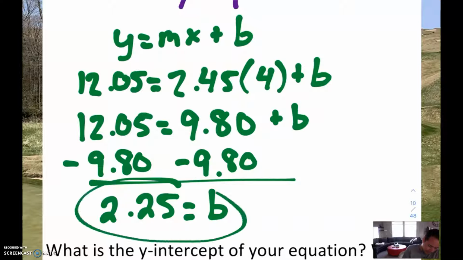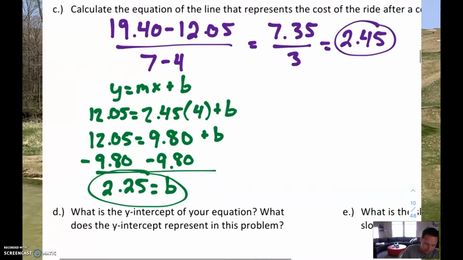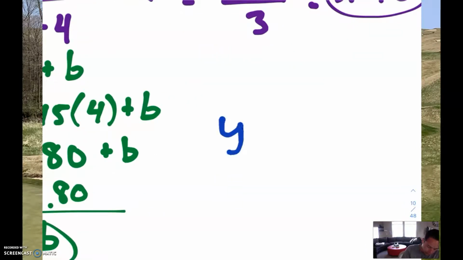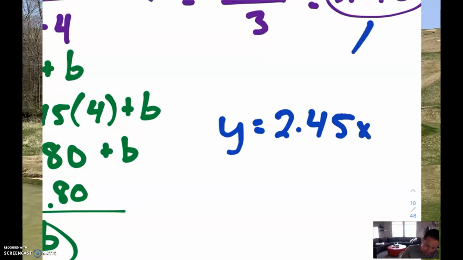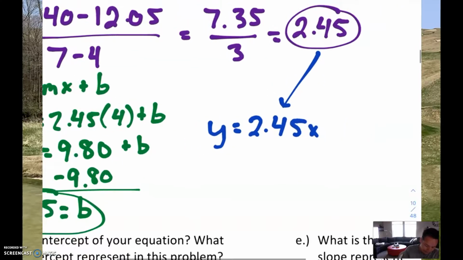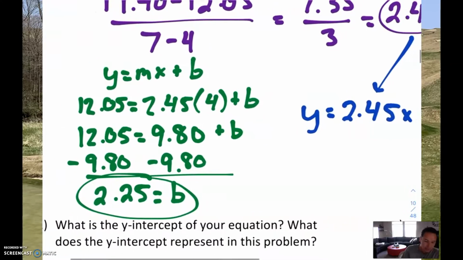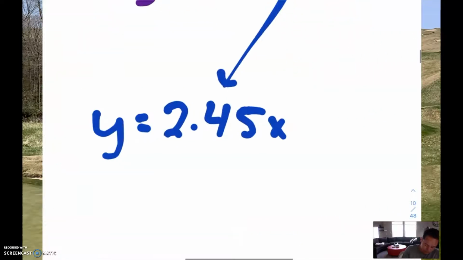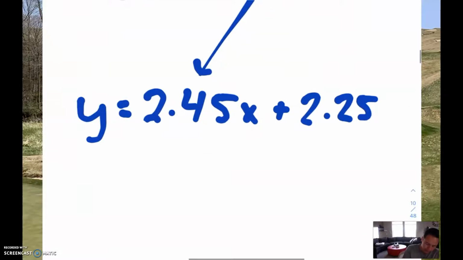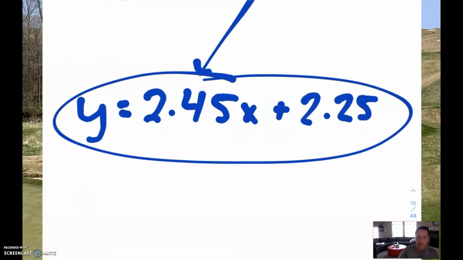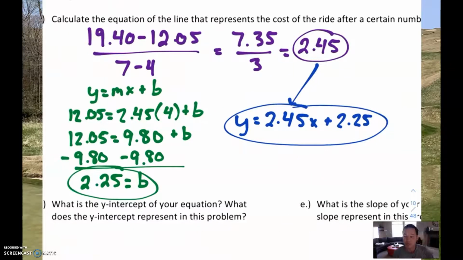And that's your y-intercept, which again, we will interpret in just a second. So the final equation that we need to know is y equals 2.45x plus 2.25. Take your slope, put it next to an x, and then plug in your y-intercept, 2.25. This is your final equation, which we will use for the rest of this problem.